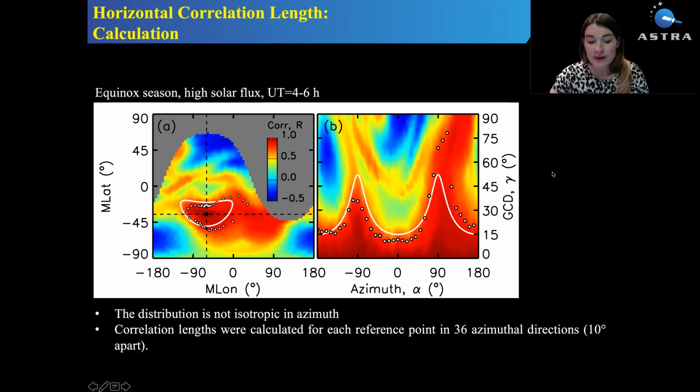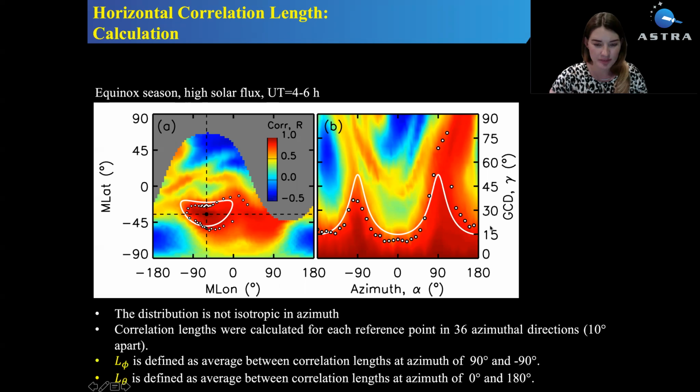So the correlation lengths were calculated in 36 azimuthal directions, 10 degrees apart, as the location where the correlation drops to 0.8. All of these white dots show the correlation distances from the reference point.